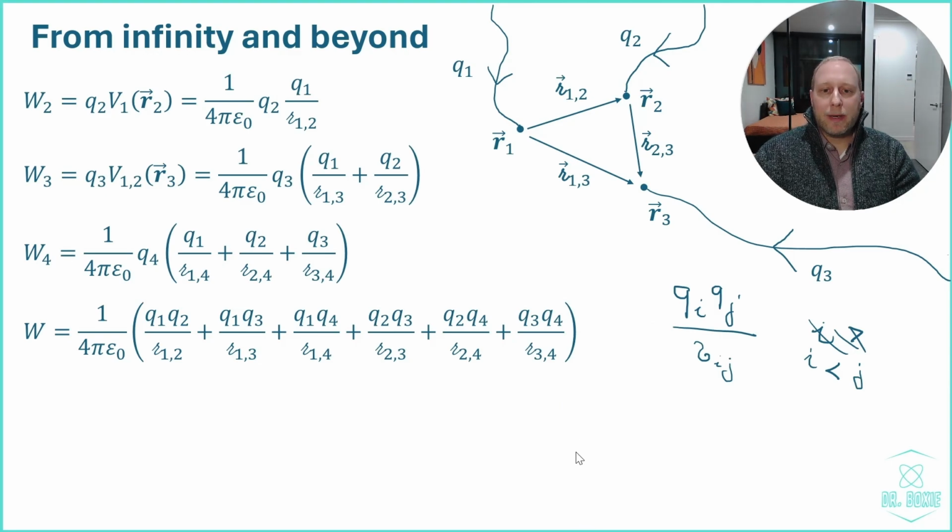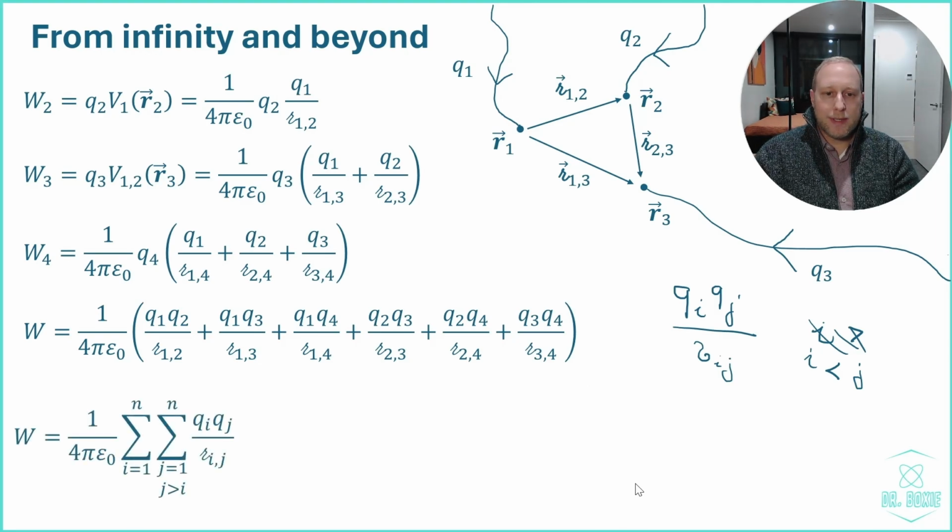And so in general, if we do it with n particles instead of 4, the expression would look something like this. It's 1 over 4 pi epsilon naught times a sum over all possible pairs qi qj divided by curly rij, where, again, to avoid double counting, I assume that j has to be larger than i.